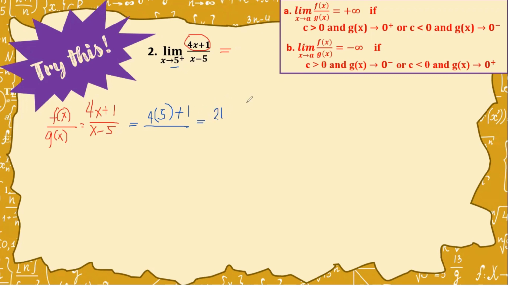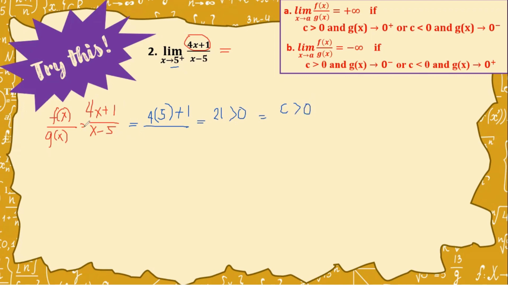Now, is 21 greater than or less than 0? Okay, greater than 0. So, again, we denote f of x as c. Therefore, yung 21 will be c greater than 0.